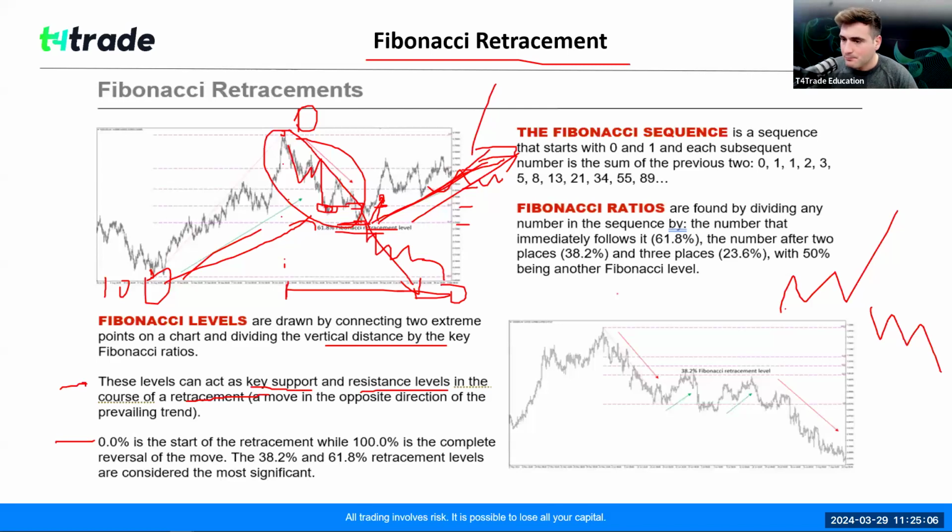From my point of view, 61.8 is the key retracement ratio, followed by 38.2 and, less significantly, the 23.6. If you see rebounds from any of these levels or ratios, they have different connotations and different interpretations.